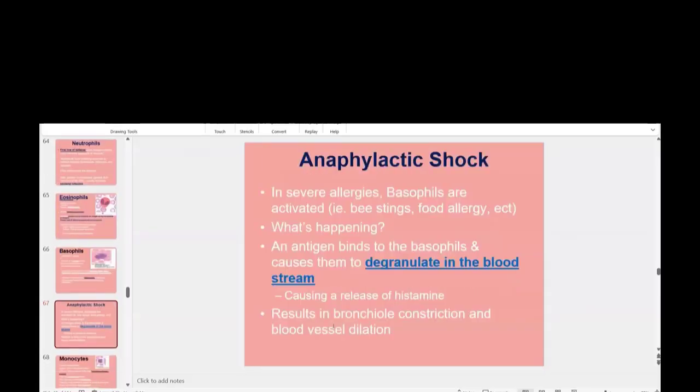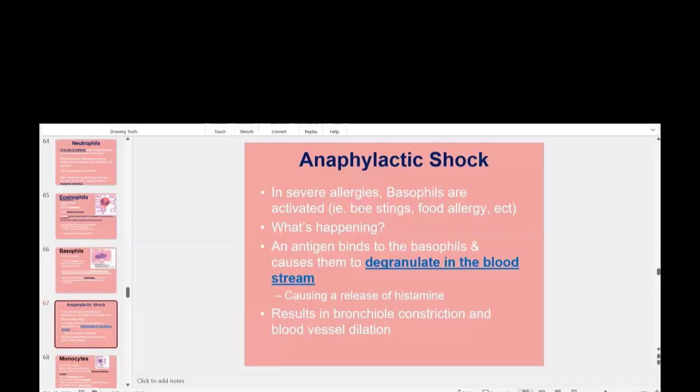Anaphylactic shock. In severe allergies, basophils are activated, okay? Suppose you get a bee sting, or you have taken peanuts and you're allergic to peanuts. What is exactly happening? An antigen will bind to the basophil and cause them to degranulate in the bloodstream. Again, we come to this term degranulation, causing a release of histamine.